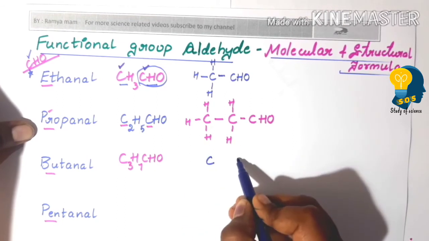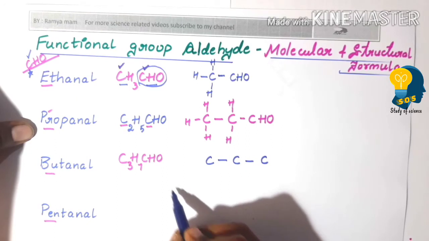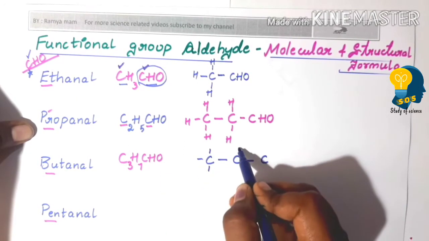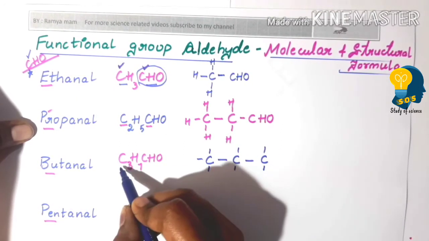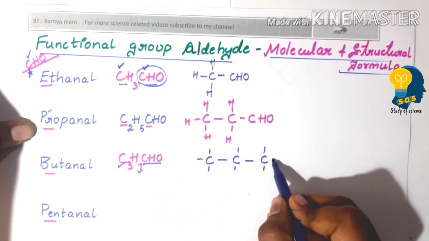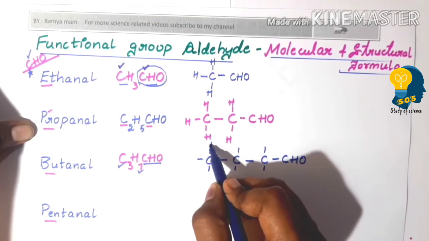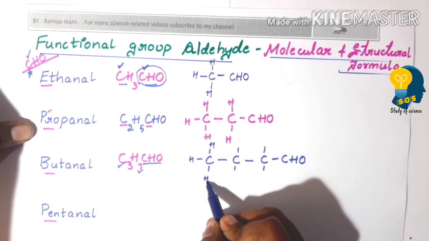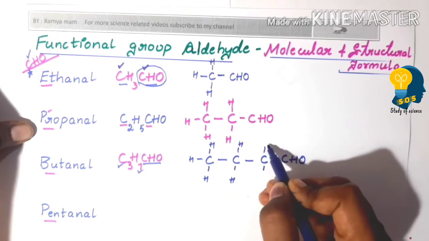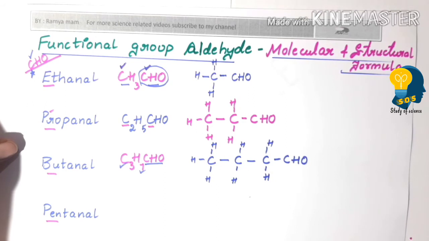C3: 1, 2, 3 carbon atoms, single bond between the carbon and carbon atom, and 1, 2, 3, 4, 5, 6, 7 hydrogens. C3 over, H7 over. Now the functional group is CHO. The remaining carbon bonds are filled up by hydrogen atoms. This is how we write the structural formula for butanal.